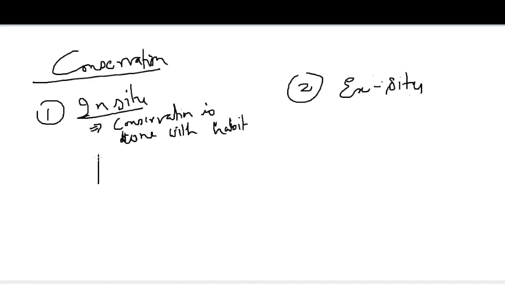Consider this is a forest area. If conservation of a tiger is being done here only, in this forest where the tiger lives, then this is called in situ conservation. Now what is ex situ conservation?